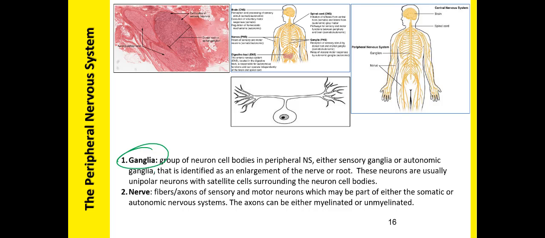Again, a bunch of axons in the central nervous system are called tracts or columns. In the peripheral nervous system, they're called fibers or axons, right? And these axons can either be myelinated, with fast conduction, or unmyelinated, with slower conduction.